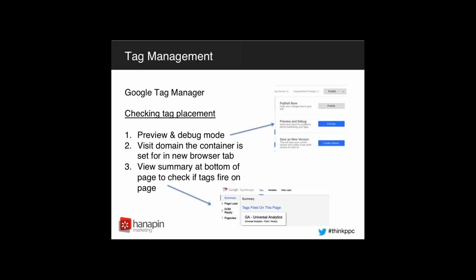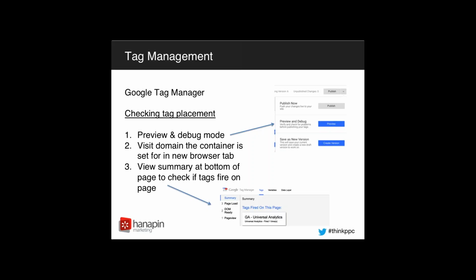On the bottom portion of the site, there will be a Google Tag Manager summary page, and on this page it will indicate which tags are firing and which tags aren't firing. Navigating through the site and making sure that the tags are firing on the appropriate places will allow you to QA and make sure that the tag placement has been done correctly.